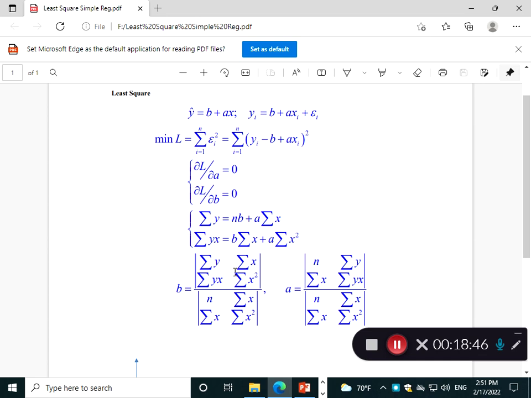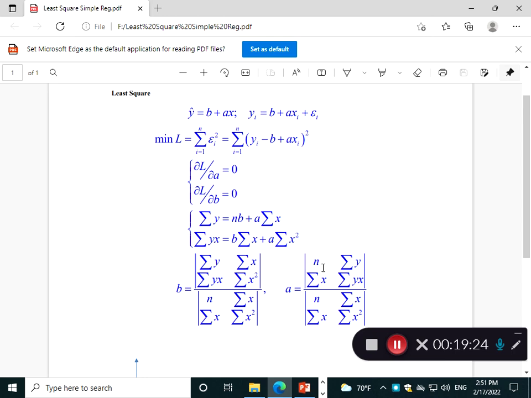I'm dividing by the change. So for the B term, you just keep the summation X and summation X squared, like the stuff downstairs. But then plug in the left side, summation Y and summation YX as the numerator. That basically says that in order to change my B, the denominator with the column replaced by summation Y and summation YX gives my B term.